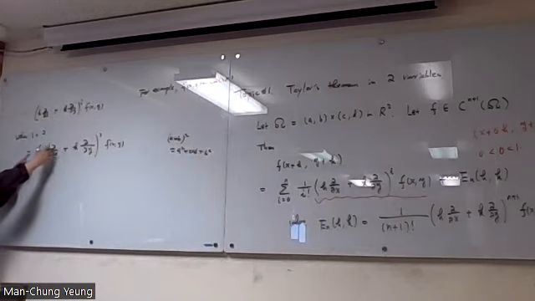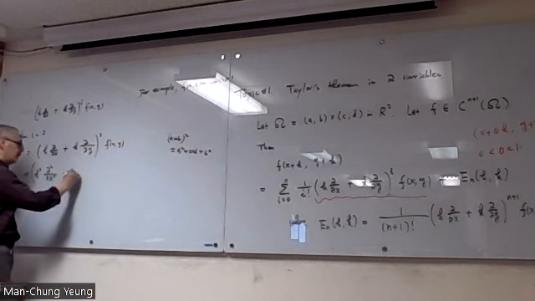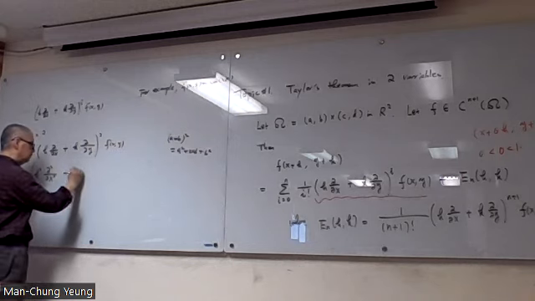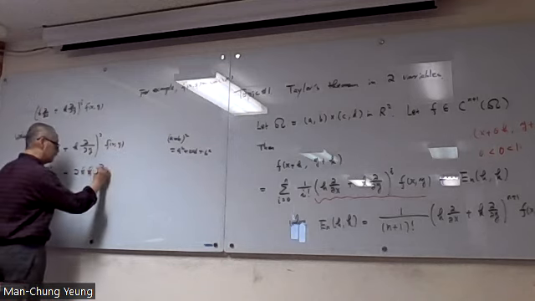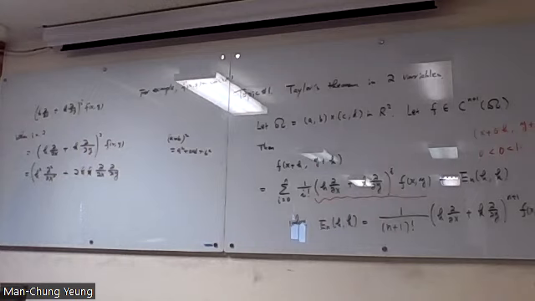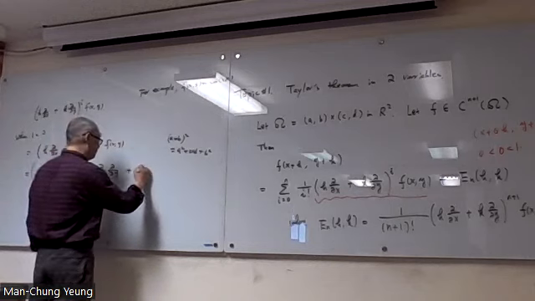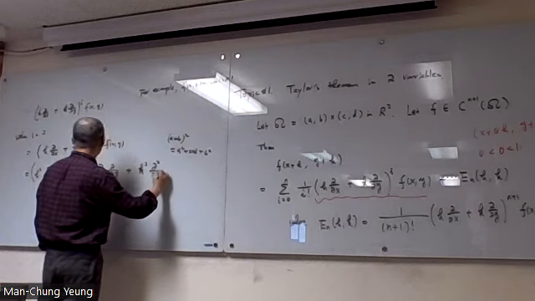So the first term squared gives h squared partial x squared, then plus 2ab gives 2hk partial x partial 1, and then plus b squared gives k squared partial 1 squared.